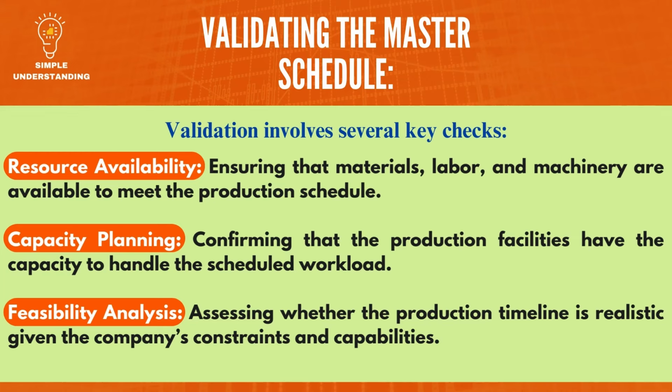Ensuring that materials, labor, and machinery are available to meet the production schedule. B. Capacity planning. Confirming that the production facilities have the capacity to handle the scheduled workload. C. Feasibility analysis. Assessing whether the production timeline is realistic given the company's constraints and capabilities.